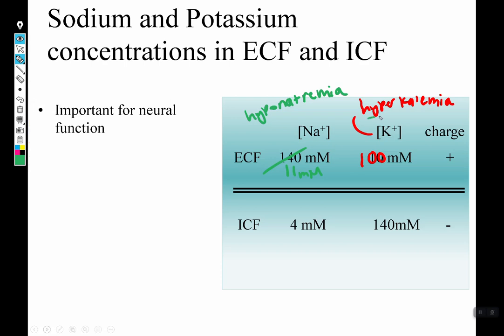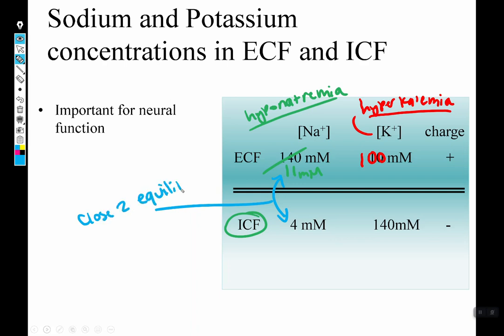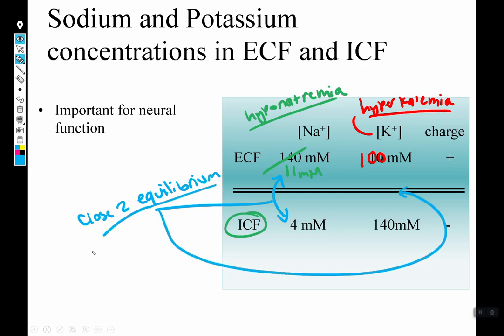So if I have blood potassium that's too high and blood sodium that's too low, that's going to change the external environment compared to the inside of my neuron, and that creates a situation where in both cases the ions on either side of the membrane are close to equilibrium. And if we're close to equilibrium, that means very low potential to do work.